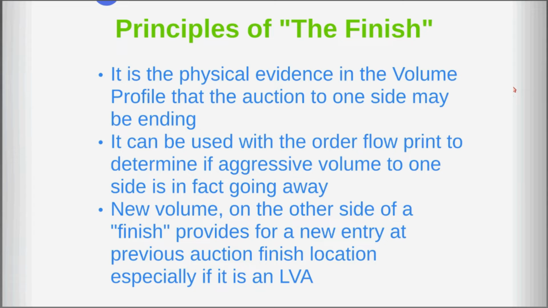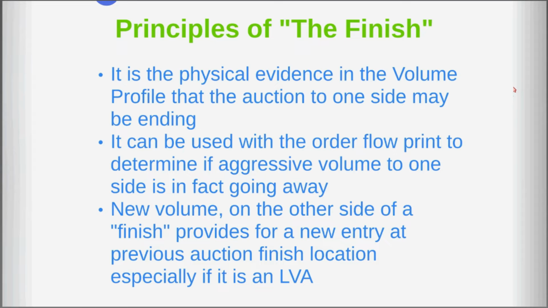It can be used with order flow print to determine if aggressive volume to one side is in fact going away, and new volume on the other side of a finish. So let's say an area looks like it's tapering off, and let's say to the downside, it looks like sellers are going away, buyers are coming back in. If sellers re-engage and we start seeing a lot of activity back to the bid, that gives us a lot of information about the conviction of the sellers.